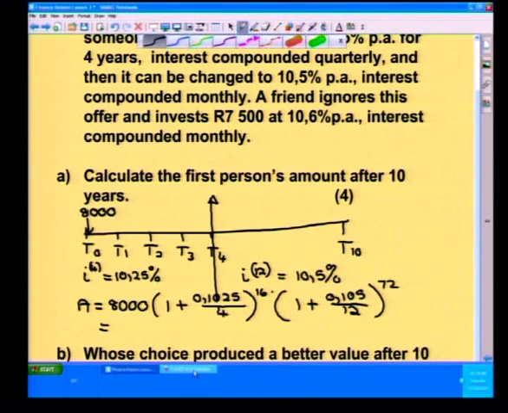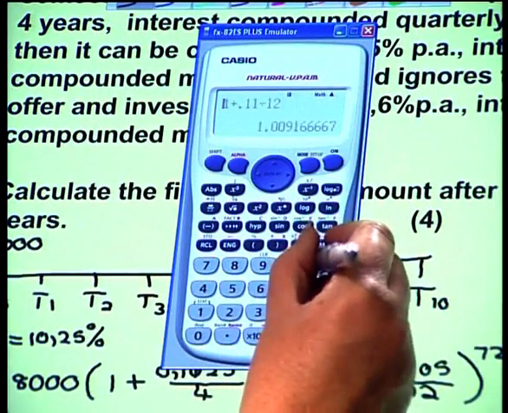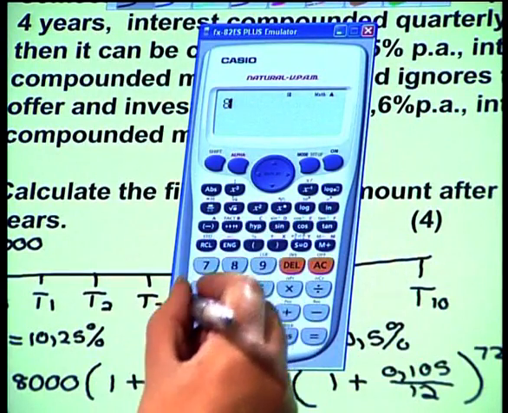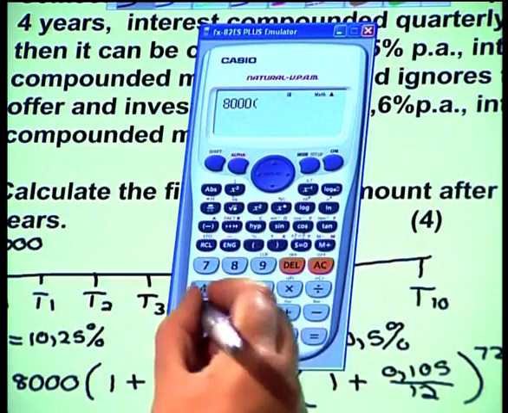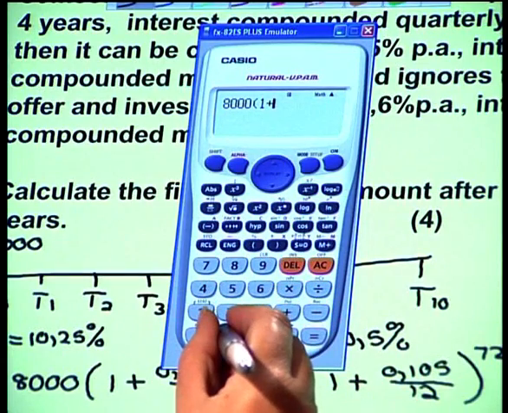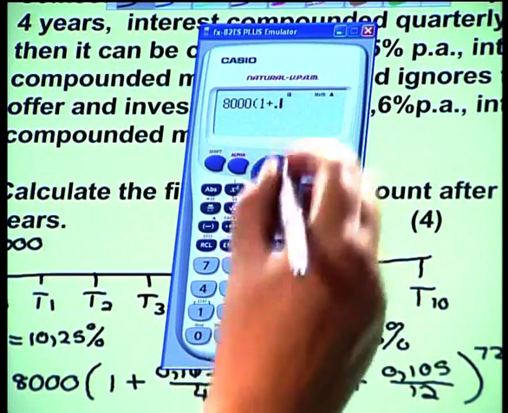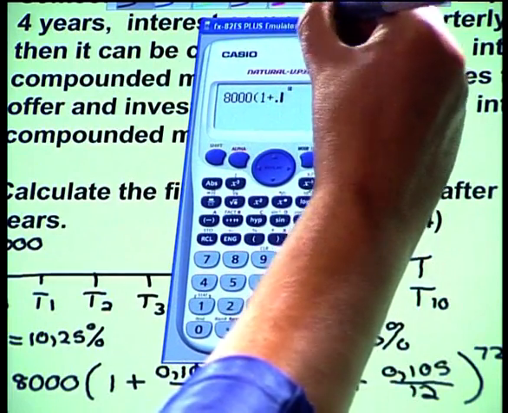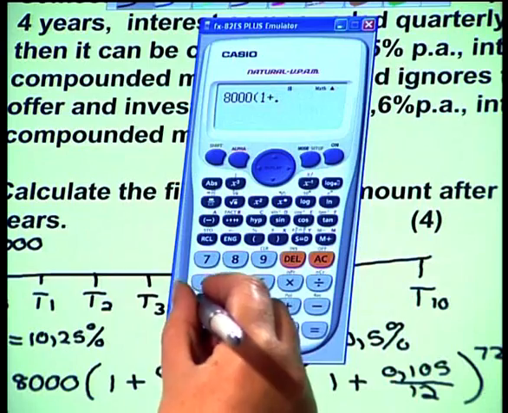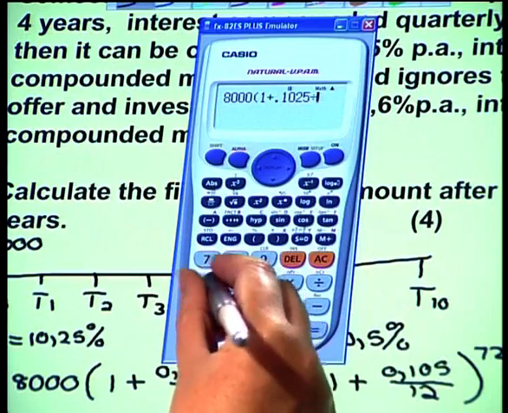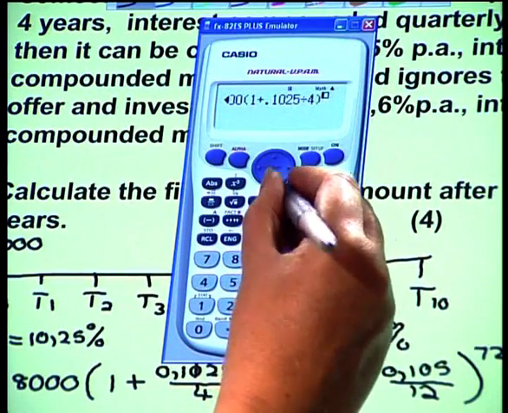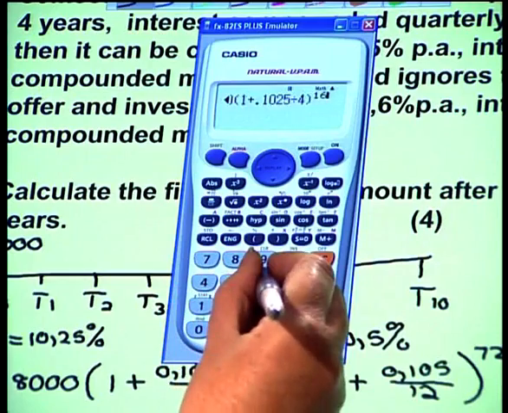So let's bring the calculator up and let's put it in. So it's 8,000. Open the brackets, 1 plus 0.1025 divide by 4, close the brackets, raise to the power 16.